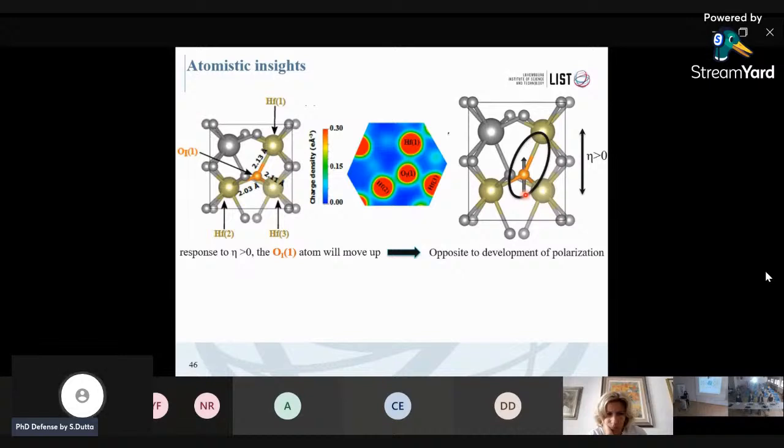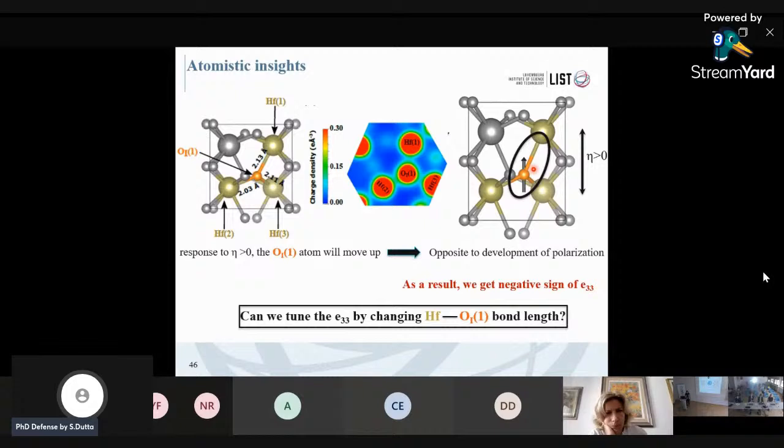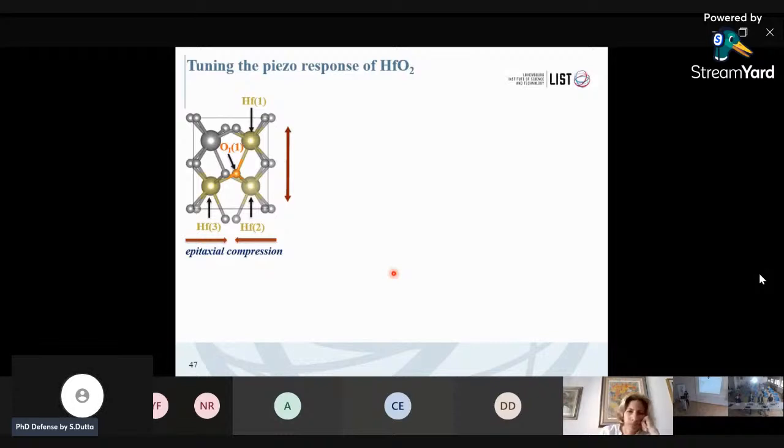So what we were wondering is that due to this upward movement, we are getting a negative sign. So it seems that this bond is the important one. So we can make a hypothesis that by weakening this bond or by strengthening this bond, we should be able to affect the magnitude of our piezoelectric coefficient. So let's see if that hypothesis works.